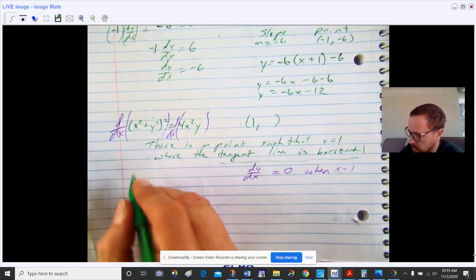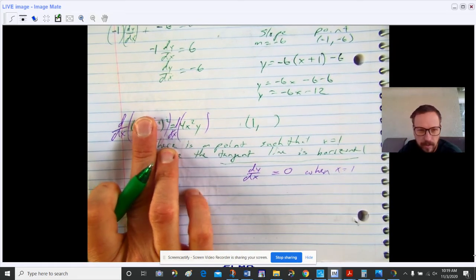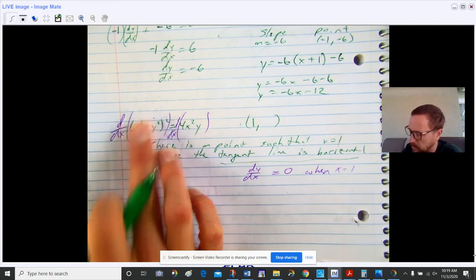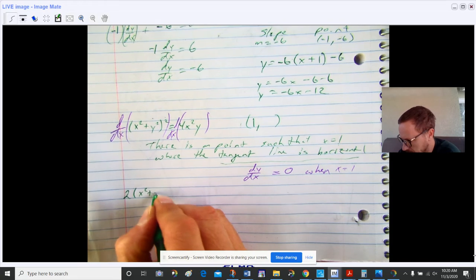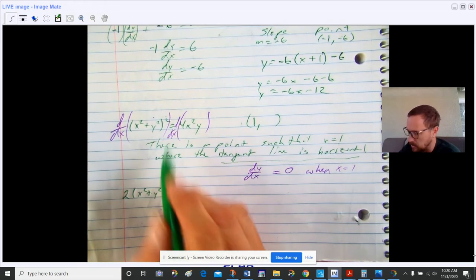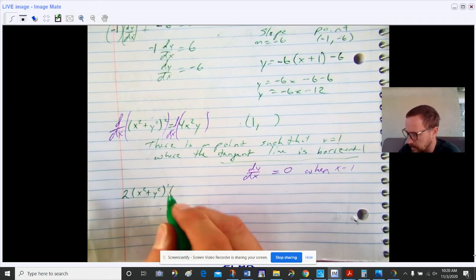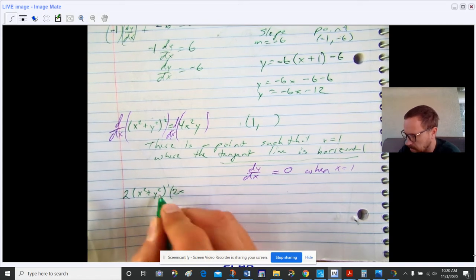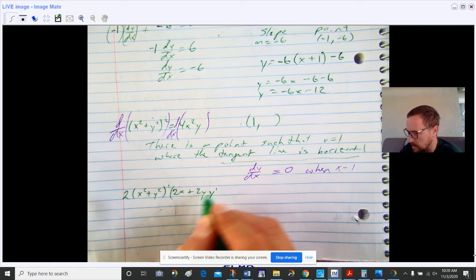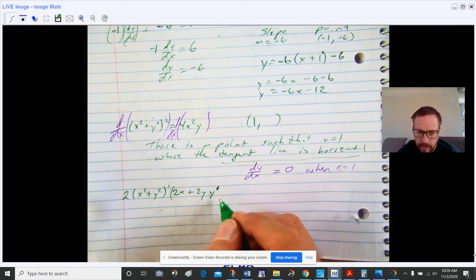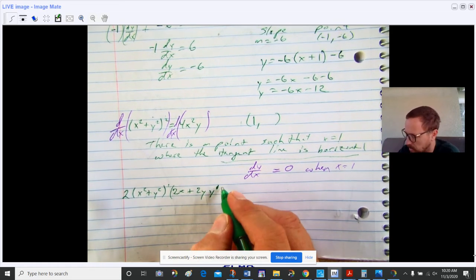First we take the derivative of this. This is a chain rule problem. So you have the 2 to the front, the inside stays the same, 2 minus 1 is 1, times the derivative of the inside, which would be 2x plus 2y. And instead of writing dy over dx, you can also write it y prime.